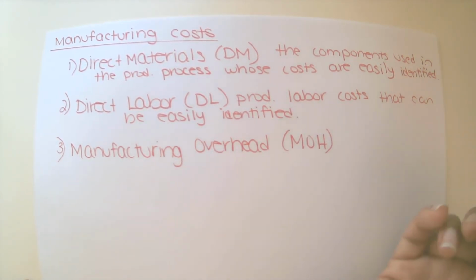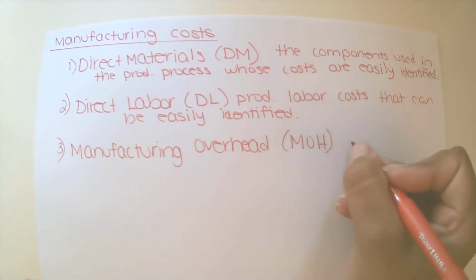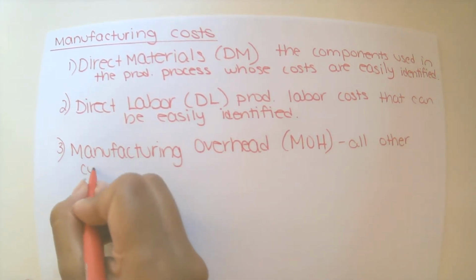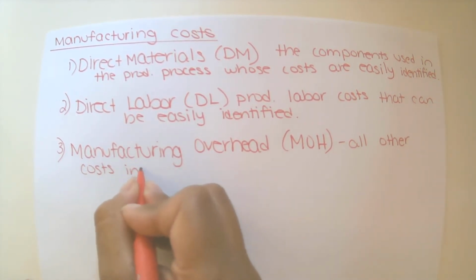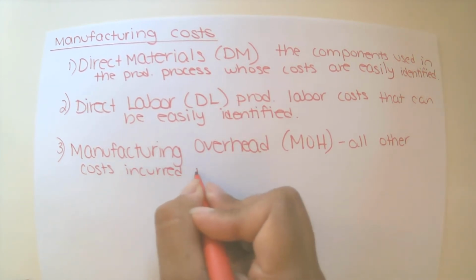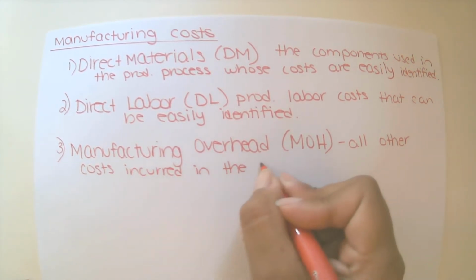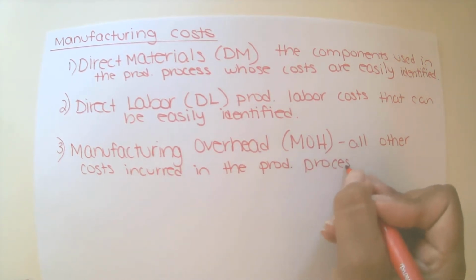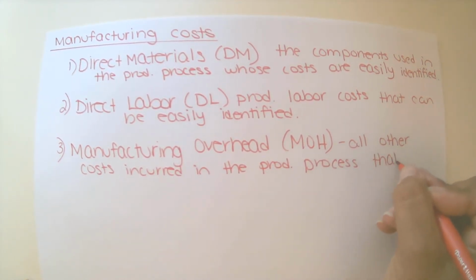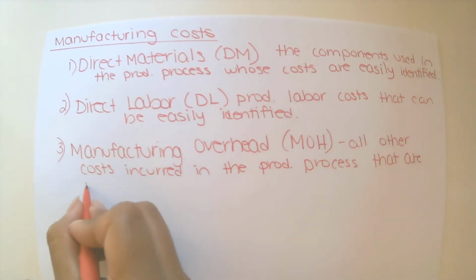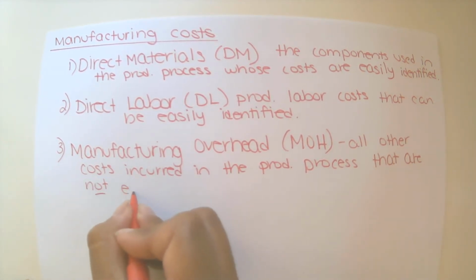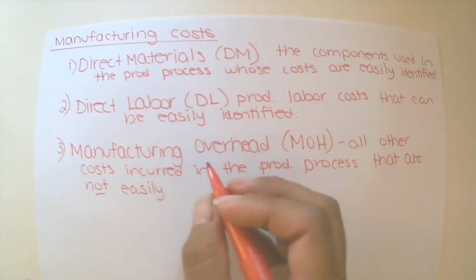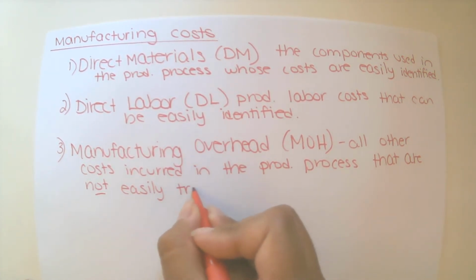MO is all other costs incurred in the production process that are not easily traceable.